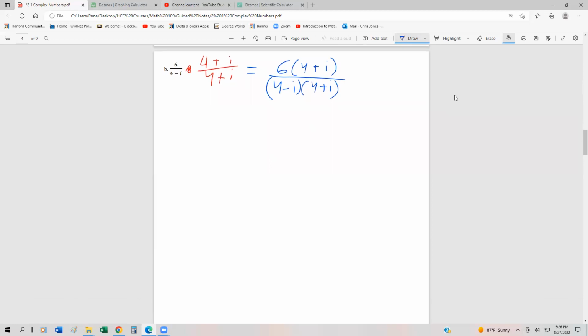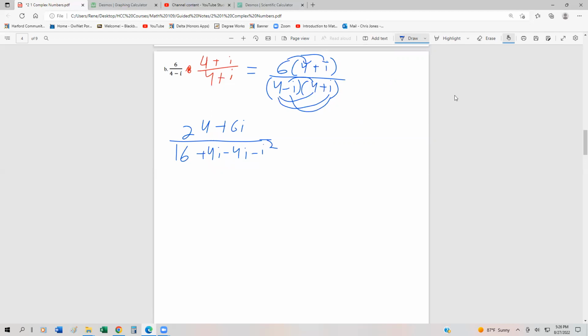So in the numerator, we get 24 plus 6i by distributing. And then in the denominator, 4 times 4 is going to be 16. And then 4 times i is going to be 4i. Negative i times 4 is a negative 4i. And then finally, negative i times negative i is going to become a negative i squared.